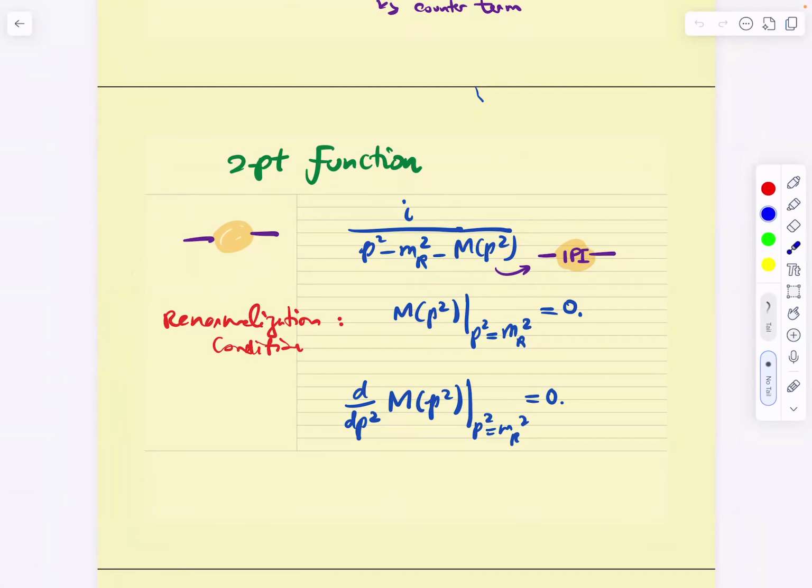But importantly, the renormalization conditions would be that at the physical mass, this should be 0, so that the propagator at the physical mass is indeed what you observe, m_r squared, and then the residue should be 1 as well. This is a condition for the residue. When you take the derivative with respect to p squared, that should not change this.